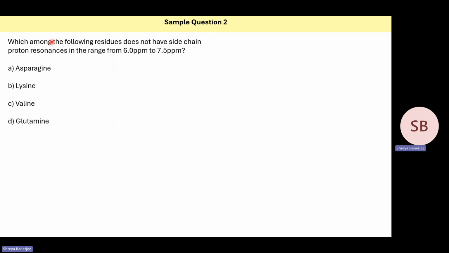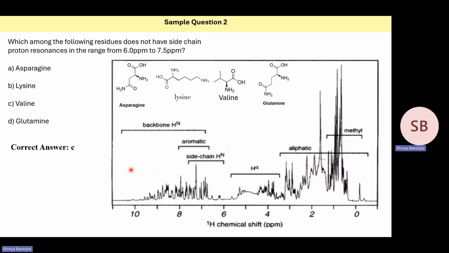Then you have another question. Which among the following residues does not have side chain proton resonances in the range 6 ppm to 7.5 ppm? Again, we will look at the previous range of chemical shifts. You have 4 amino acids mentioned: asparagine, lysine, valine, and glutamine.